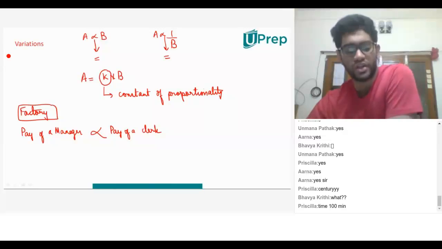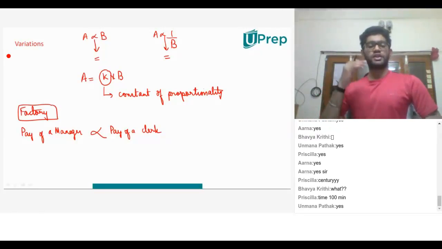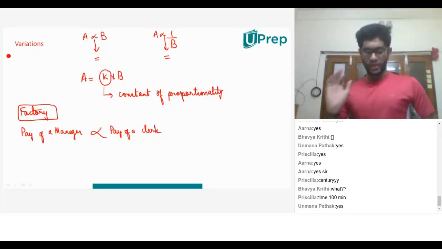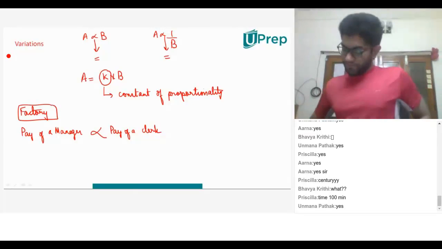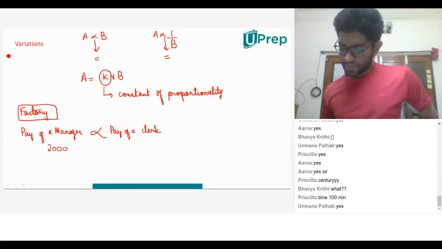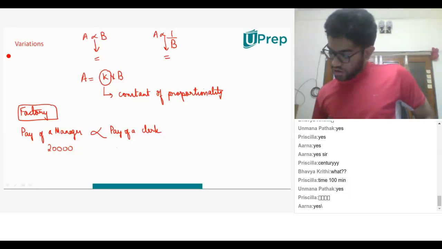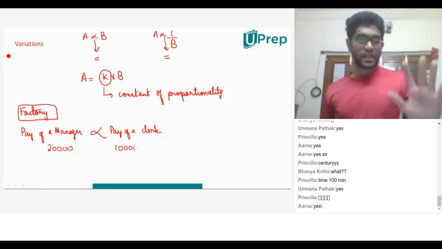Yes or no? Put in a quick yes or a quick no. If the salary of the manager increases, the payment of a clerk is also increasing. Now, when the salary of a manager was 20,000 rupees, the salary or the wage of the clerk was 10,000 rupees. I'm taking an example.